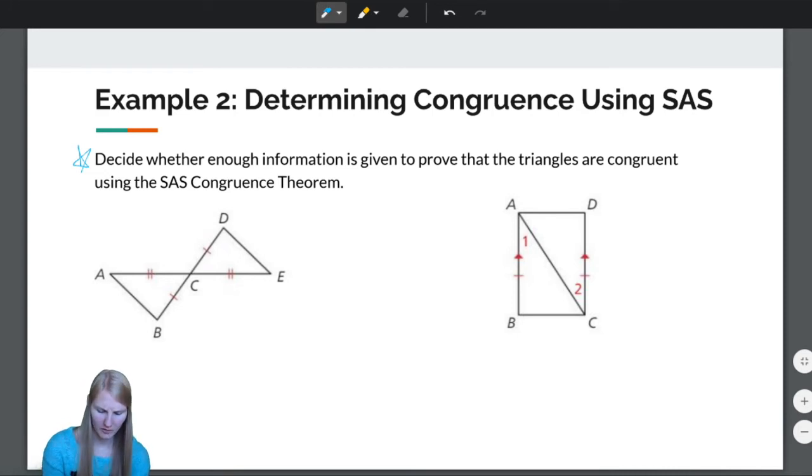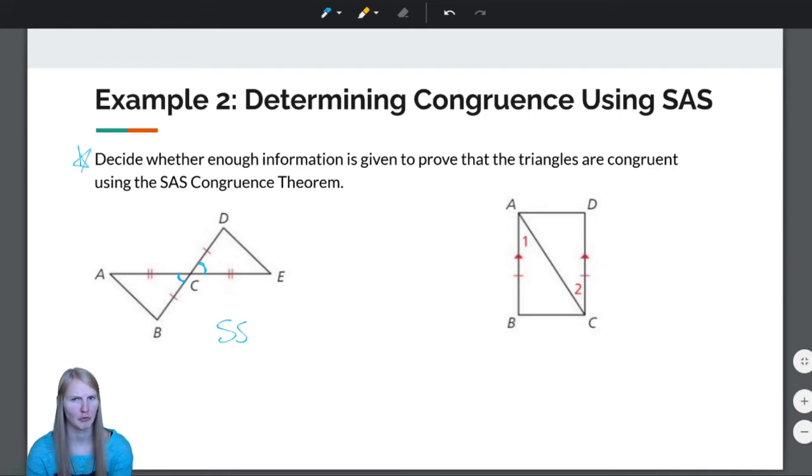So we have side, side here. But in order to have side, angle, side, we would need these two angles in the middle to be congruent. Then we would have side, angle, side, side, angle, side. But right now we just have side, side, which isn't enough.